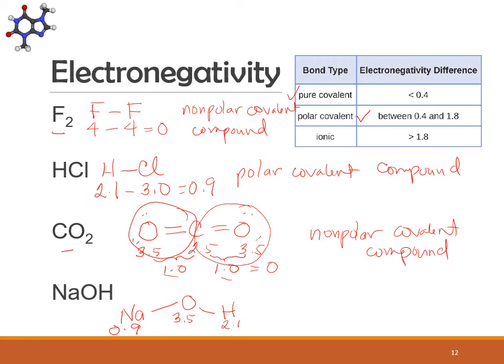So the difference between electronegativity values on this side is 2.6. On this side, it's 1.4. This side of NaOH is polar, whereas this side is ionic. But because this value is higher, that means NaOH is an ionic compound.